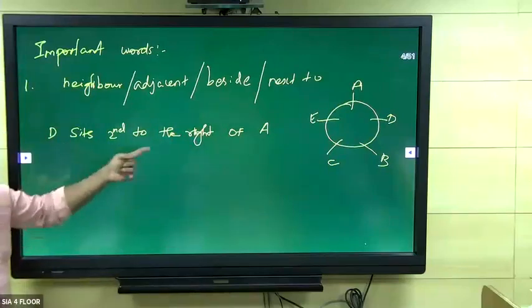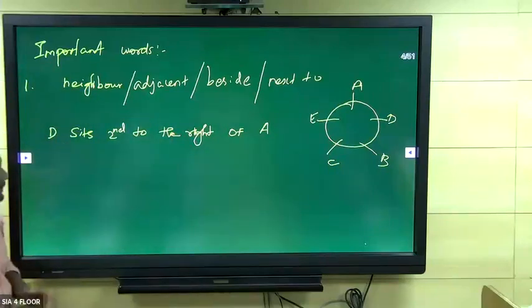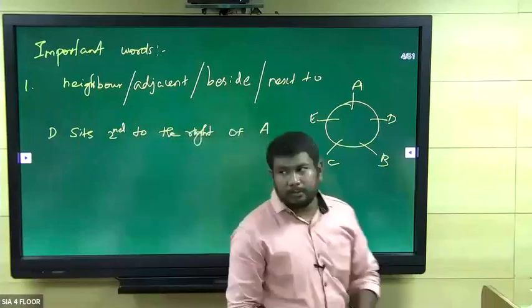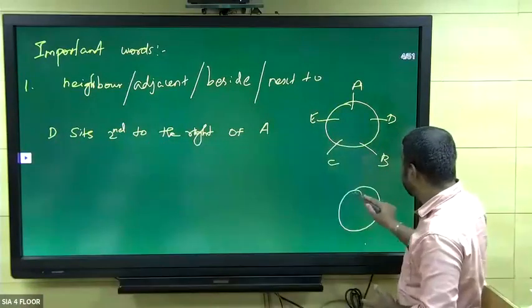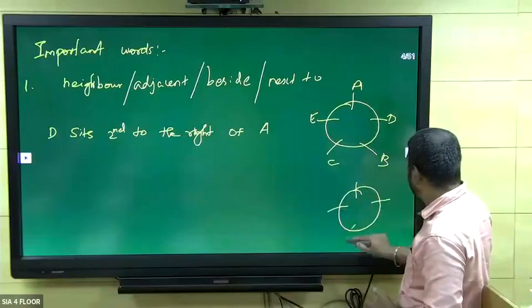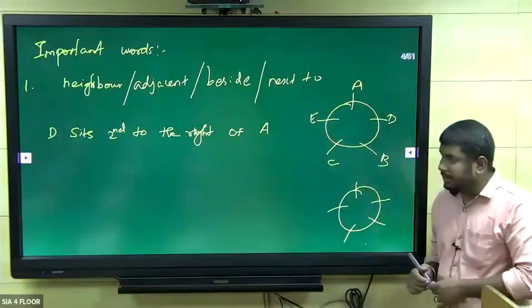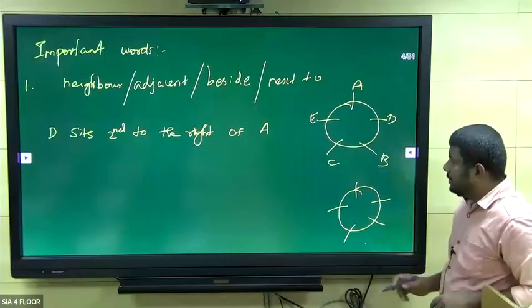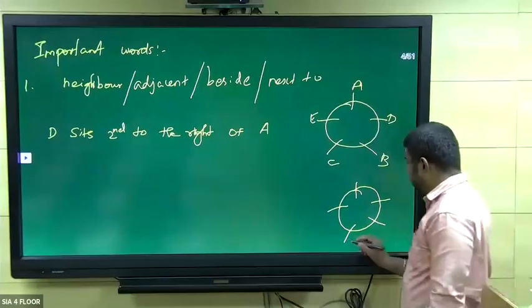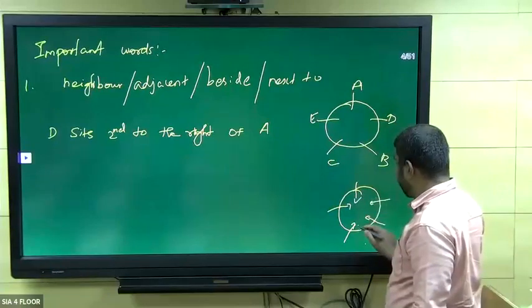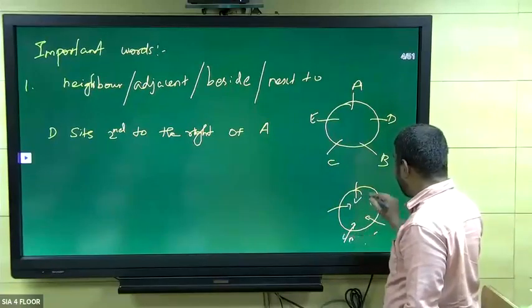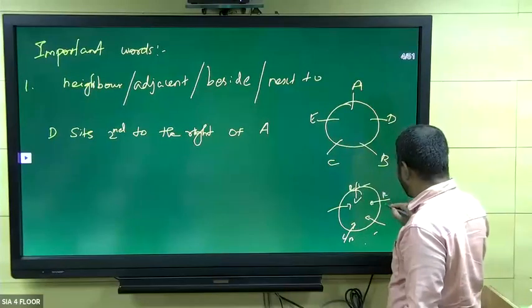Now listen here. D sits second to the right of A. I'm going to draw one diagram here. That means A is here. Assume that all are facing inside the circle, so right, left, right, left, right, left.